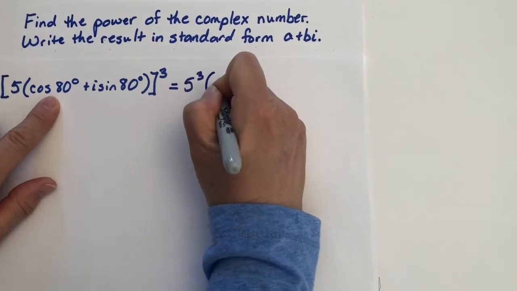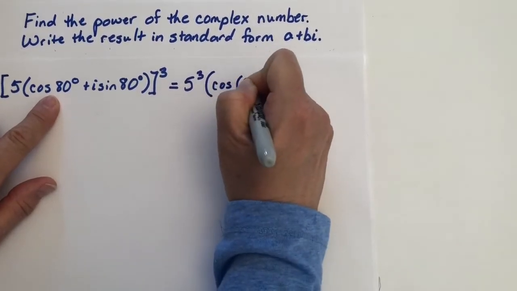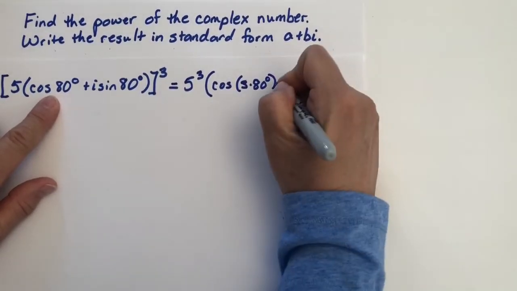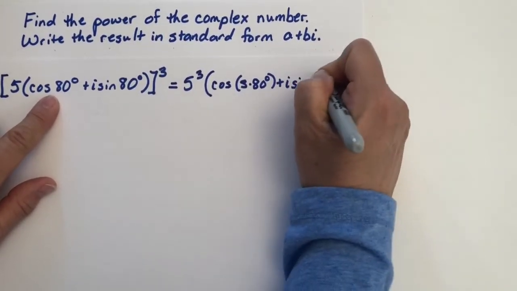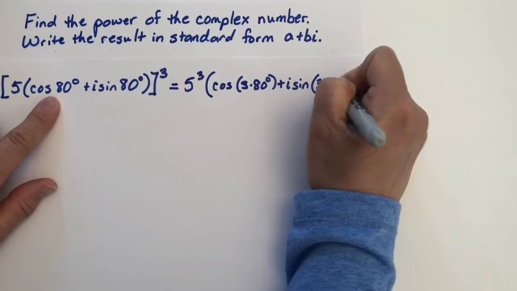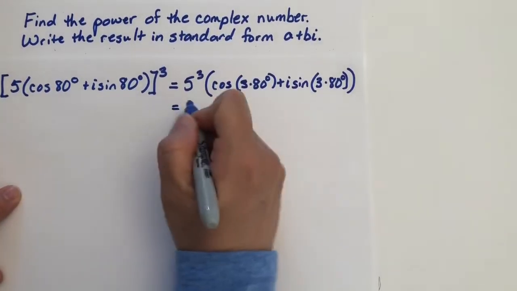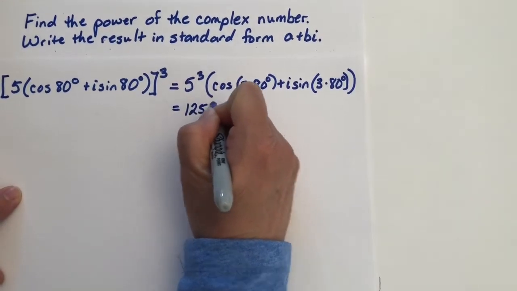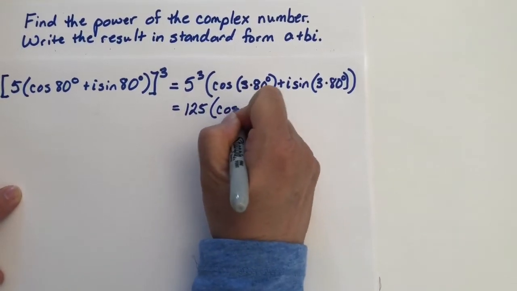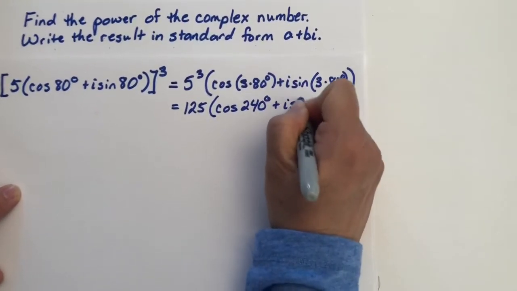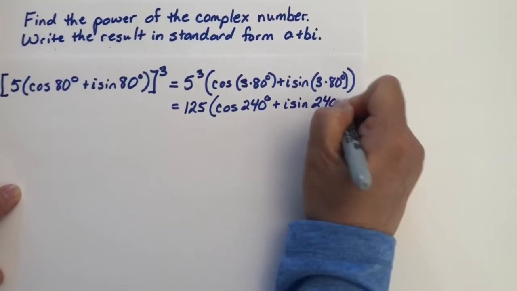So we have cosine of 3 times 80 degrees plus i sine 3 times 80 degrees. And let's do some simplifying. So we have 125 times the cosine of 240 degrees plus i sine 240 degrees.